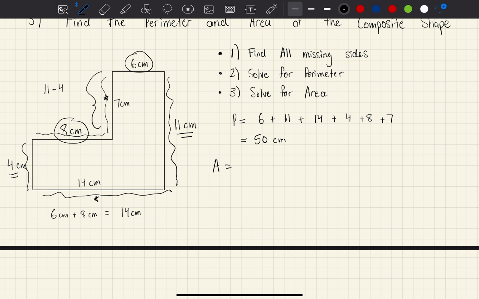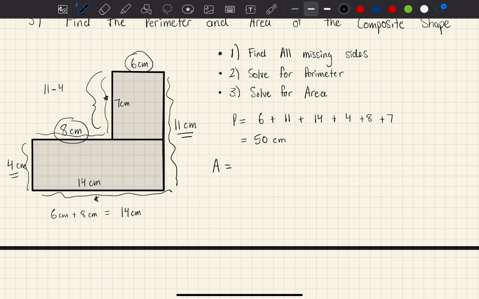So let's say we extended this line just like that. Let's make it a little thicker. Good, so we have one shape right there, and our other shape is going to be right here. So we're going to have two shapes that we're going to solve the area for.